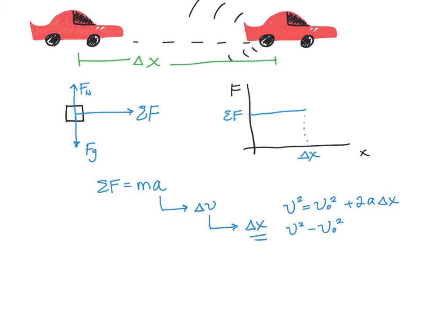So I can relate velocity and initial velocity and position to the acceleration. And so I can think of my net force then as causing this mass to have a change in velocity over a change in position.